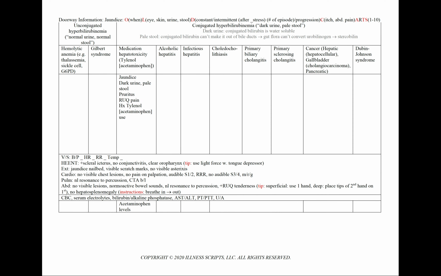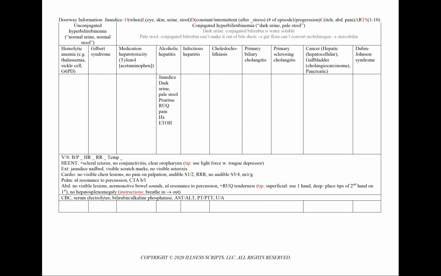On the conjugated side, in medication hepatotoxicity, such as that caused by Tylenol or acetaminophen, we can see jaundice, now dark urine or pale stool, thus indicating it is a case of conjugated hyperbilirubinemia, pruritus, right upper quadrant pain, and a history of Tylenol use. And we'll check the acetaminophen levels.